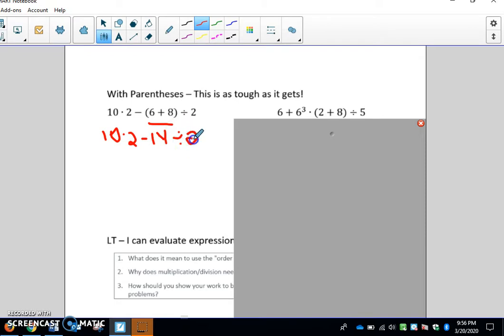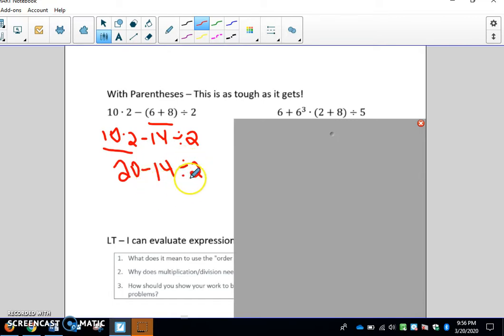Now I'm going to go back to my triangle. I did all of my parentheses, and I don't have any exponents, so now I'm down to multiplication and division. I've got both, so I have to do the one on the left first. 10 times 2 is 20. Then I rewrite everything else: 20 minus 14 divided by 2.